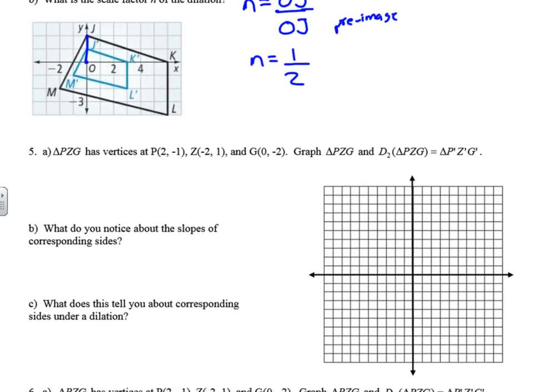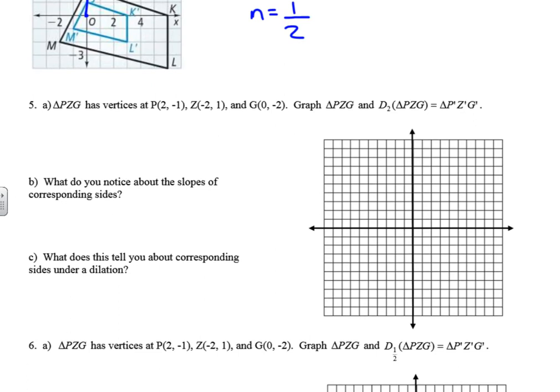Now triangle PZG has these vertices, graph PZG and its image. Let me write these out. Z is -2, 1, and G is 0, -2.